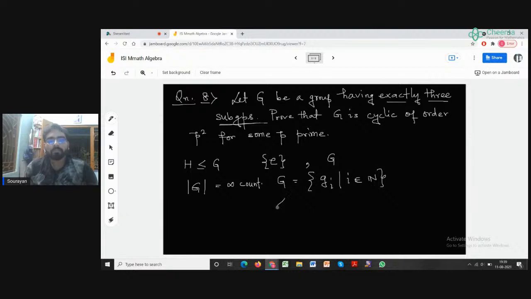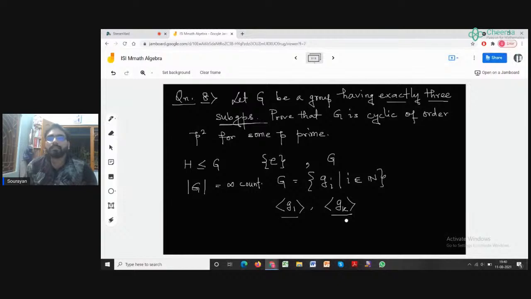So what you can do is you can take g_1, you can take some g_k as well, and there are bound to be different subgroups, at least one element is not there. Because since it's an infinite group, if after a certain point all the subgroups become equal, then you have a problem, right? Because then the infinity case is not getting satisfied.